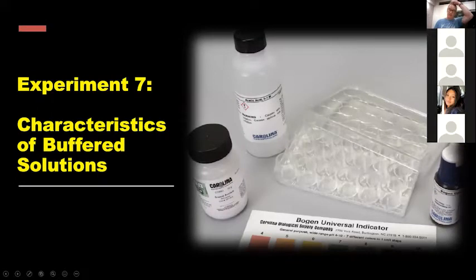Last week, we did a titration, and that involved taking a weak acid, which was acetic acid, and calculating the concentration of it by adding a strong base to it, which was sodium hydroxide. And we kept adding sodium hydroxide until there's a dramatic pH change, which happens around the point where the concentration of the acid and the concentration of the base are the same.